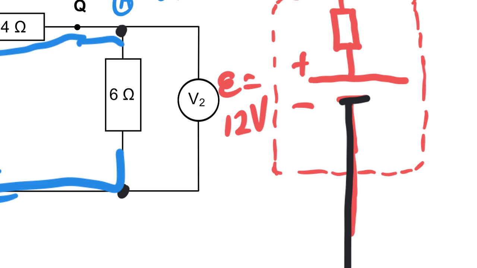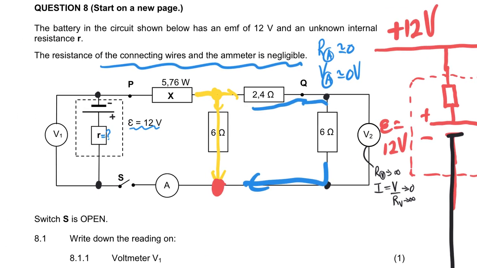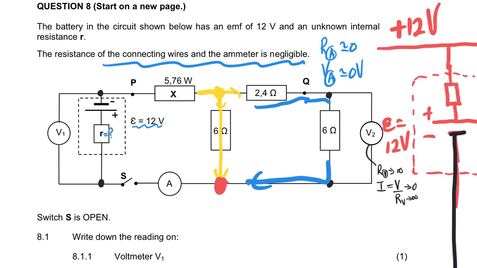So we view a voltmeter as having an infinite resistance, which means that if we take the current as the volt drop across the voltmeter over the resistance, if this tends to infinity, then the current is going to tend to 0. So what that means is we assume, because the voltmeters have such huge resistances in comparison to the other resistors in the circuit, that the current is not going to flow through voltmeters.